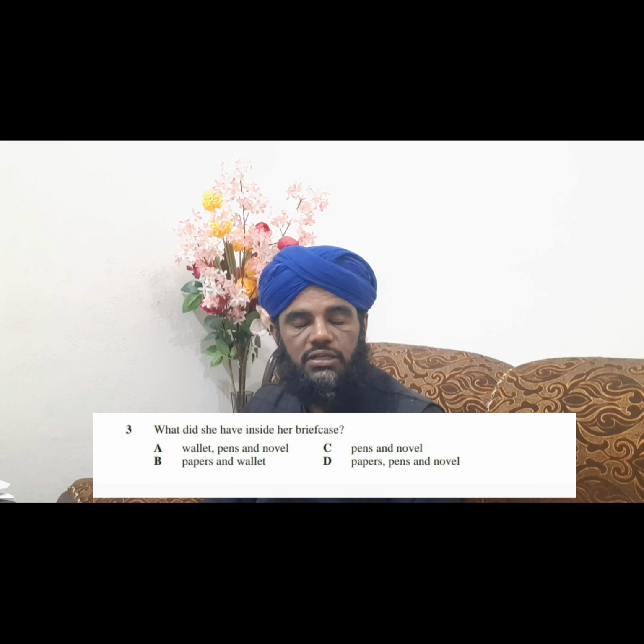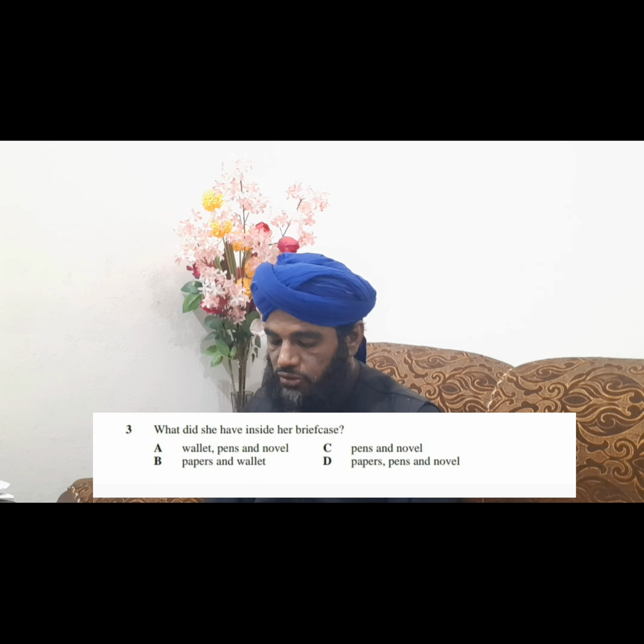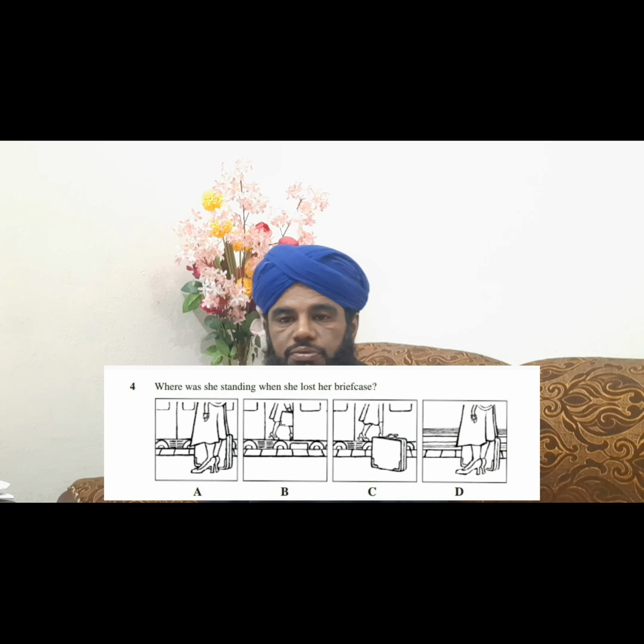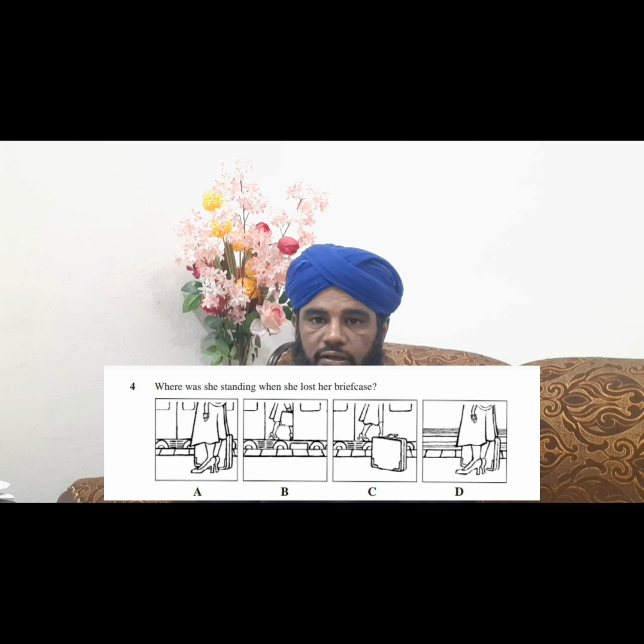As for question number three, what did she have inside her briefcase? Option A is correct, where she tells wallet, pens, and novel. Question number four, option D is correct when she says it was quite beside me before entering the train.